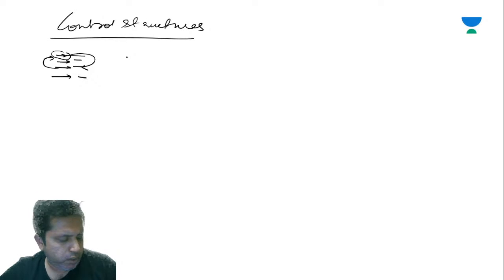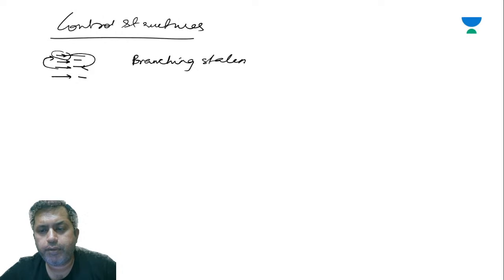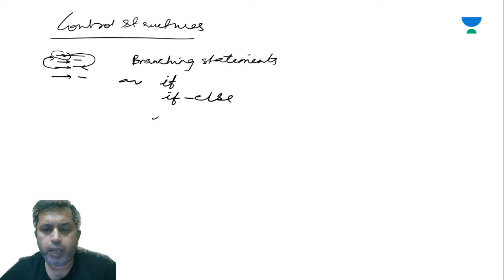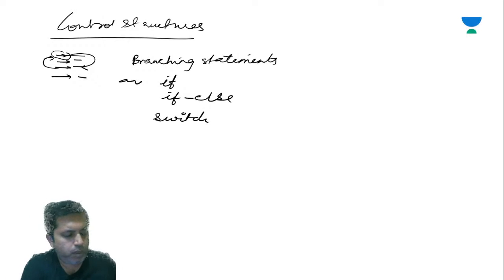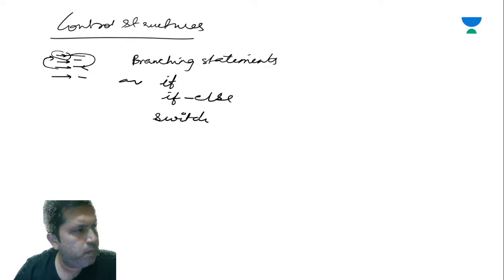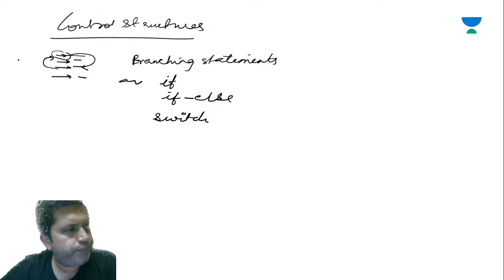Okay, so the popular control structures or branching statements are if else and switch statement. And these are looping statements.